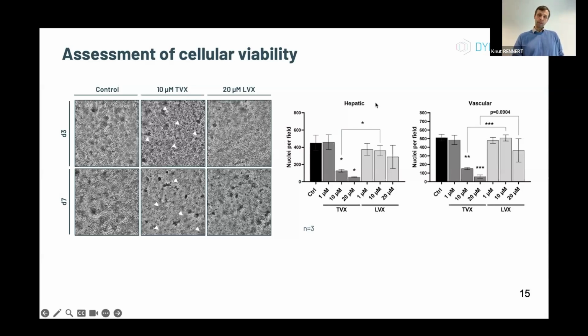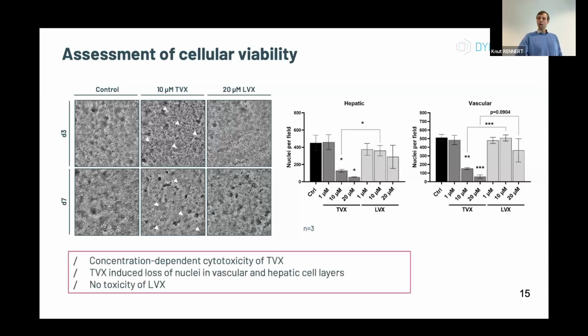And what you see is a strong decrease of hepatic cells and also vascular cells with increasing concentrations of trovafloxacin, but this is not visible for the levofloxacin. Okay, so you see trovafloxacin induced the loss of the nuclei in the vascular as well as in the hepatic cell layers.